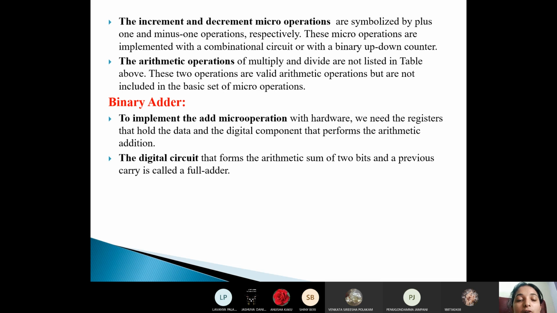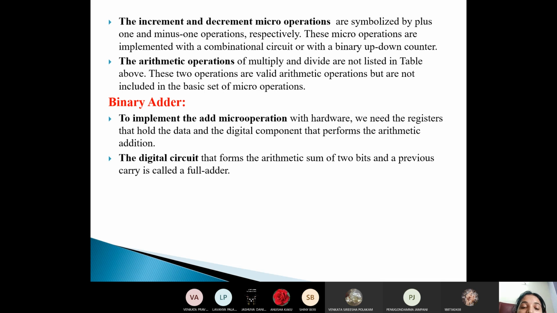Logic micro operations perform bit manipulation operations on data stored in registers. Shift micro operations perform shift operations on data stored in registers. The basic arithmetic micro operations are addition, subtraction, increment, decrement, and shift.